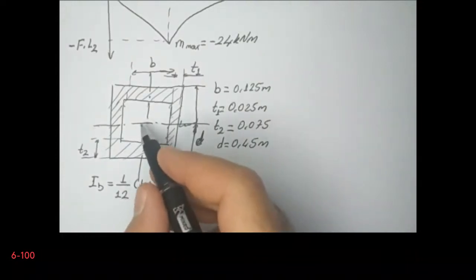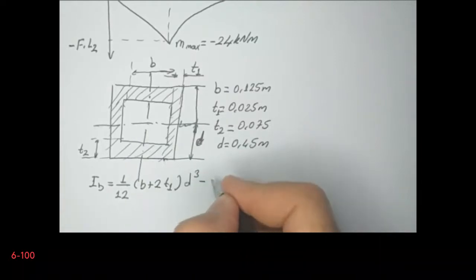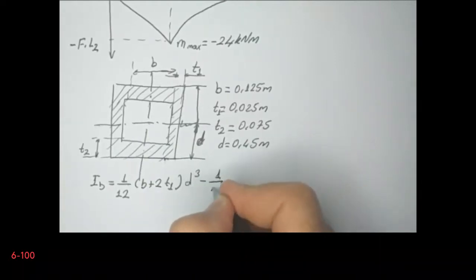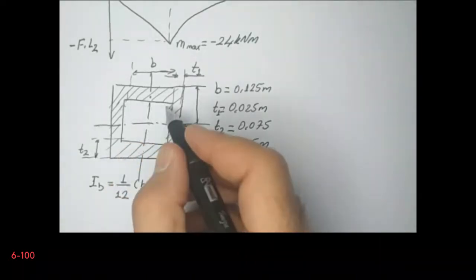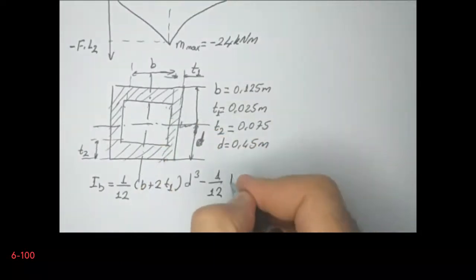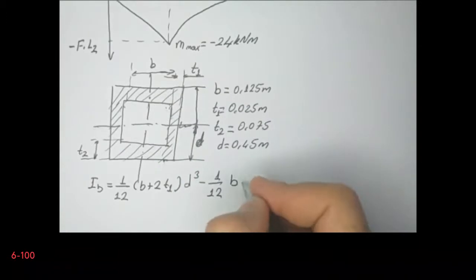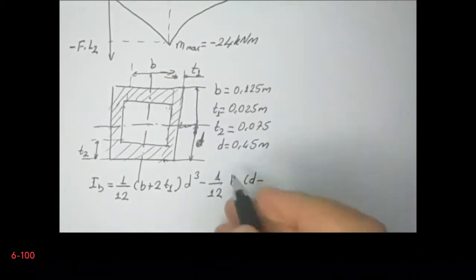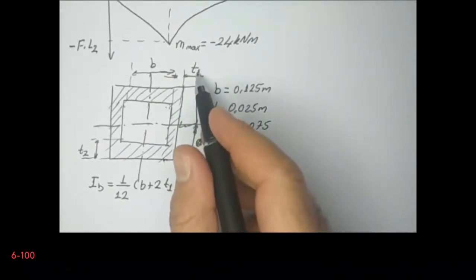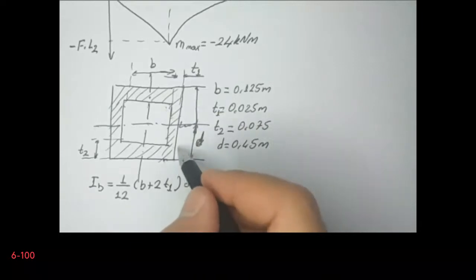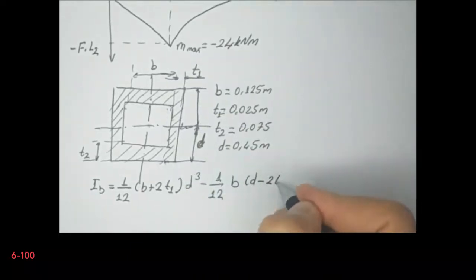So this is minus 1 over 12. This empty area has a width of B, and the height is D minus 2T1, because we have one T1 here, one T1 here, and the cube of it.